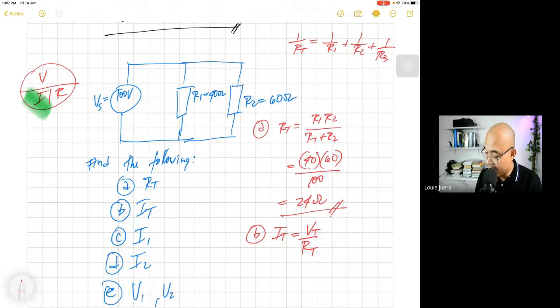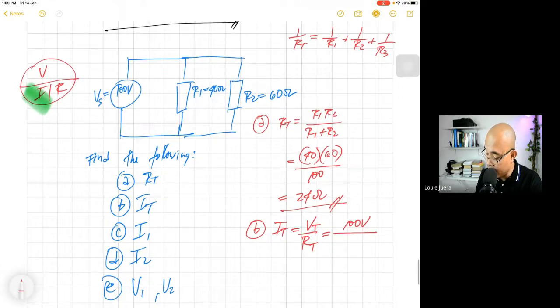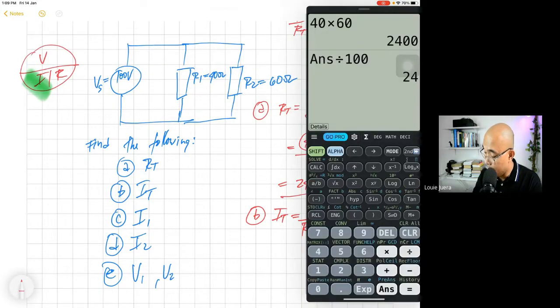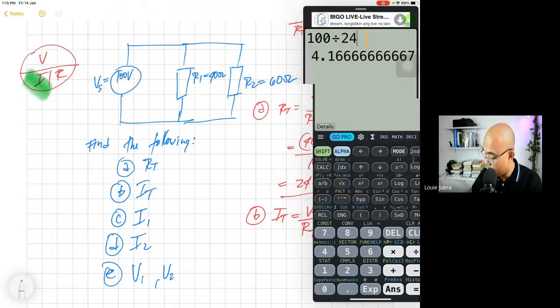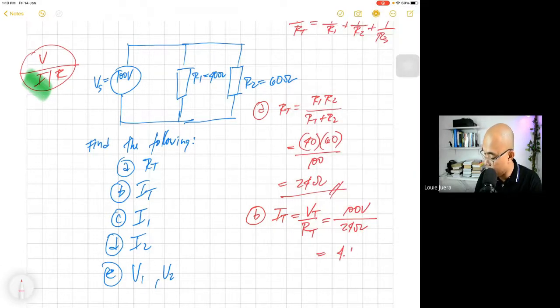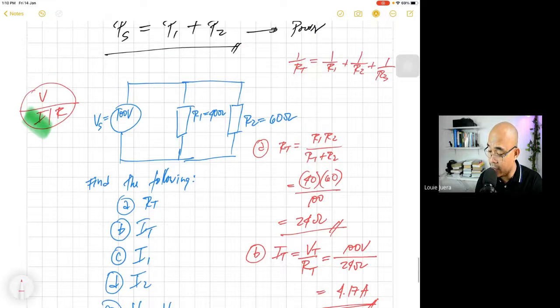The V total is 100 volts, and the R total is equal to 24 ohms. So we just divide 100 by 24, so that is 4.17. That is equal to 4.17 amperes. That is the I total, so it means that is the current flowing through here.